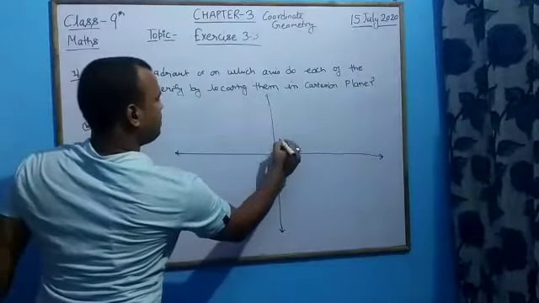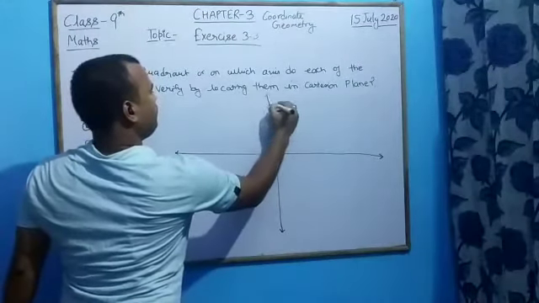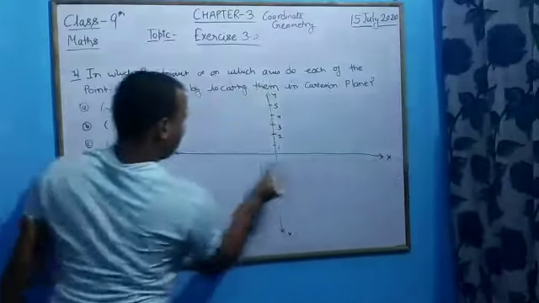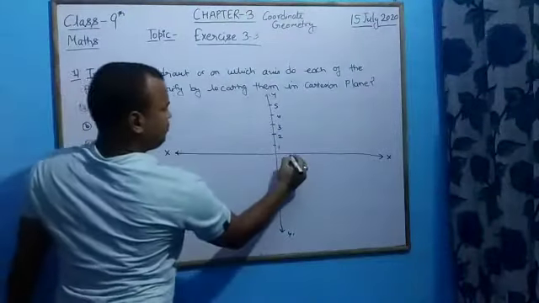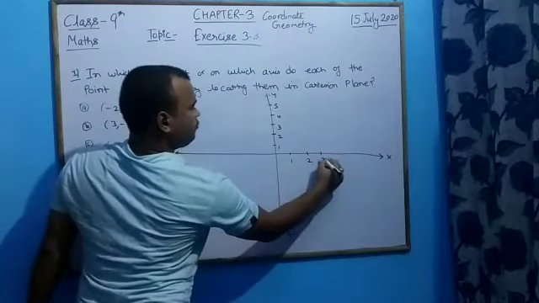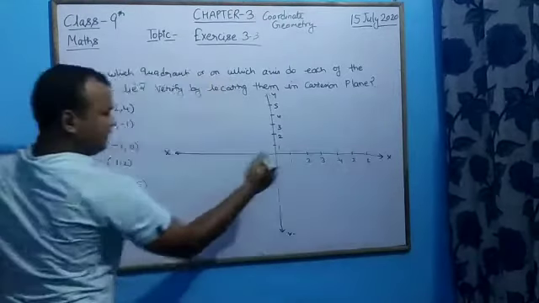This is 1, 2, 3, 4, 5. This is the y axis, y dash, x axis, and this one is x. Also let us mark the points 1, 2, 3, 4, 5, 6. This is the x axis.